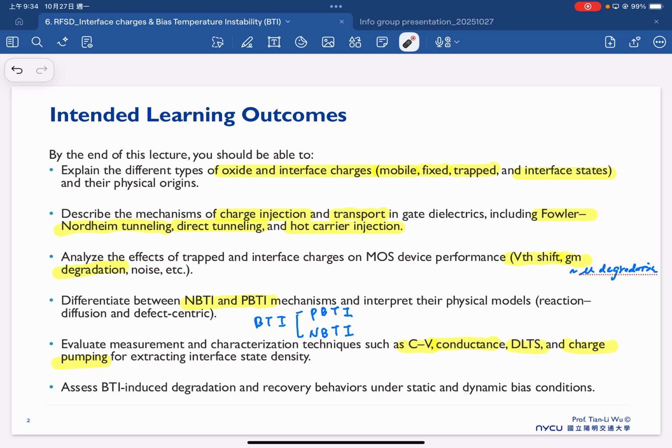We will also assess the BTI induced degradation and recovery mechanisms. Especially for realistic device operation, we consider not only static but also dynamic behavior, because in practical operation, the device is turned on and off repeatedly, not always on or always off. So we have to understand the dynamic behaviors as well.